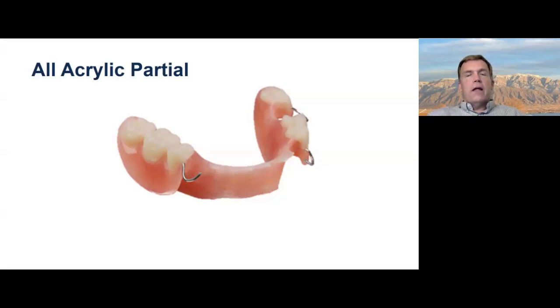So like anything else that's mucostatic, you're going to usually see increased bone resorption over time with these, as opposed to a metal frame that has the rests. They're usually meant to be worn while a patient's healing up, either from immediate extractions or an implant placement or something like that. They can be 3D printed or milled today, but most of the time they're made by heat processing, injection, or cold curing, all traditional analog methods.